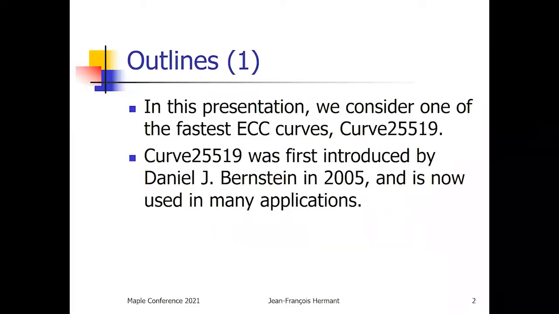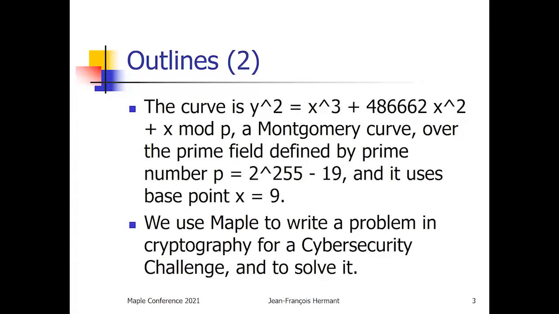The outline. In this presentation, we consider one of the fastest ECC curves, namely curve 25519. This curve was first introduced by Daniel J. Bernstein in 2005 and is now used in many applications.